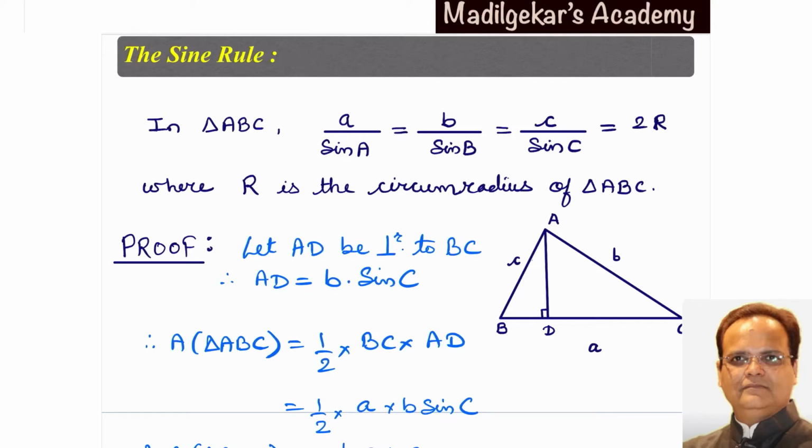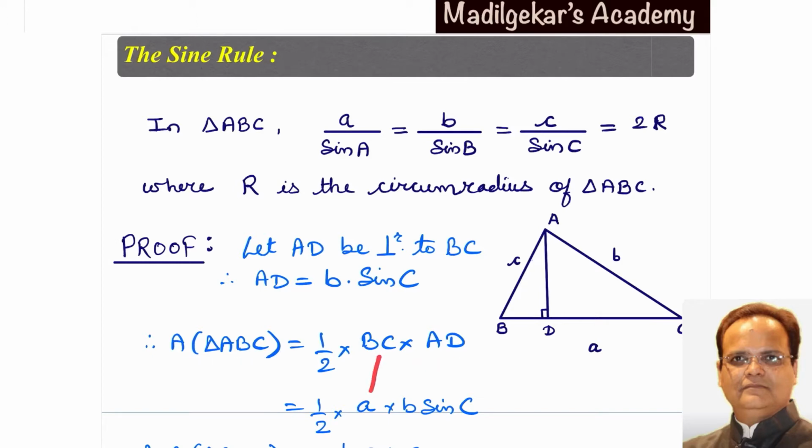Let's start the proof now. In this triangle ABC, draw a perpendicular from A on BC at D. So AD is perpendicular to BC. From triangle ACD, we can say AD equals b sin C. We know the area of a triangle is given by half into base into height.